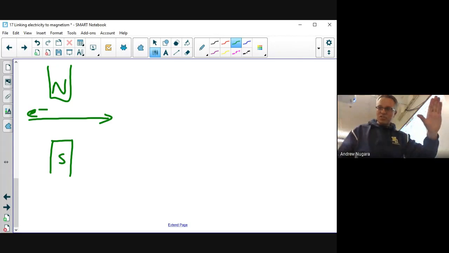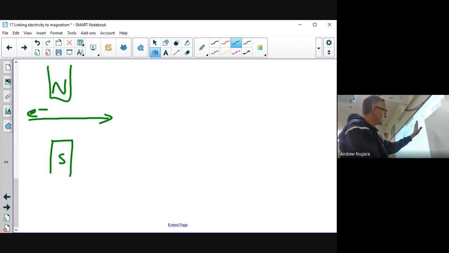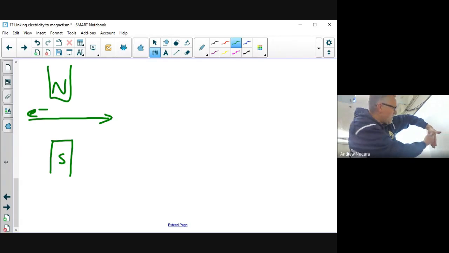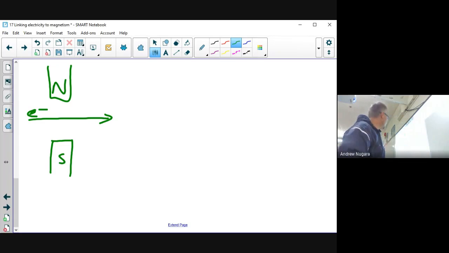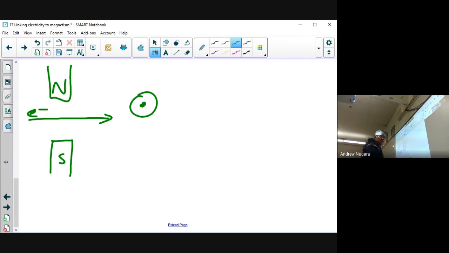So your thumb is going to point to the right. Your fingers are going to point from the north to the south, so upside down here. And which way is my palm facing at this point? My palm is facing towards me, so it's out of the board. So the answer to this question is out of the board, or out of the page.